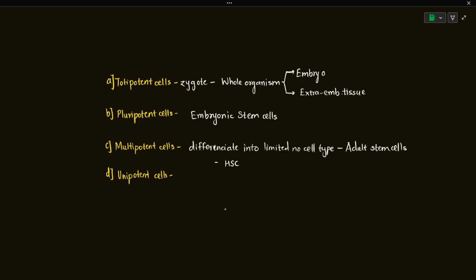But this doesn't mean that a hematopoietic stem cell can give rise to a muscle cell, right? So this is how multipotent stem cells are able to give rise to multiple types of cell lineages, but the number of cell lineages which they can differentiate into is limited.